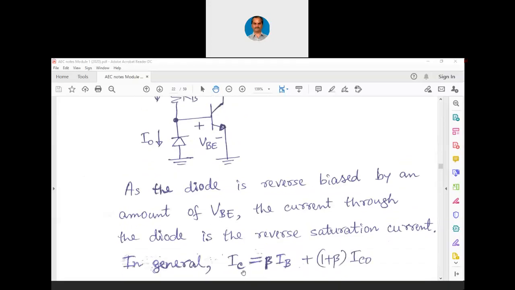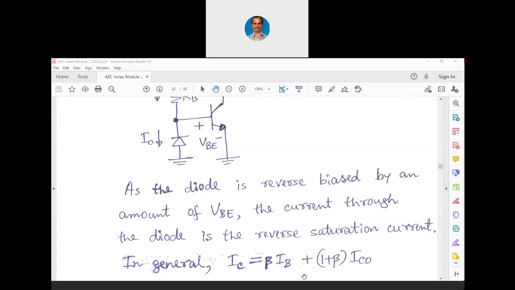In general, IC equals beta IB plus (1 plus beta) into ICO. Generally, we ignore this (1 plus beta) into ICO in our normal calculations. That is because this ICO is always in nanoamperes, whereas IB is in microamperes. There is nearly 1,000 times difference between the reverse saturation current and the base current.